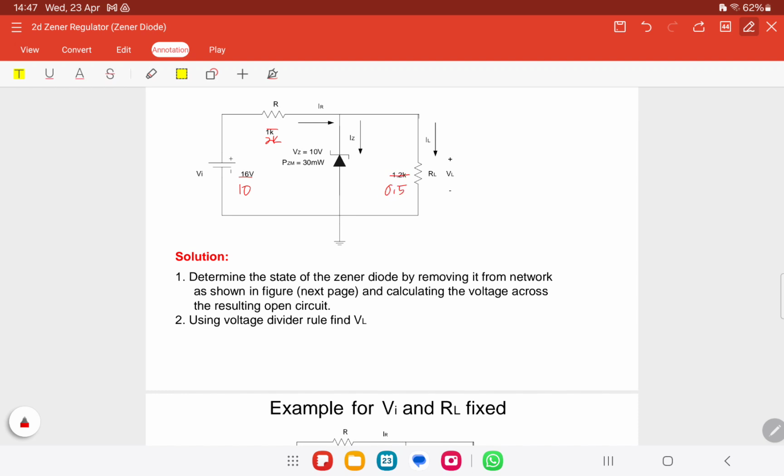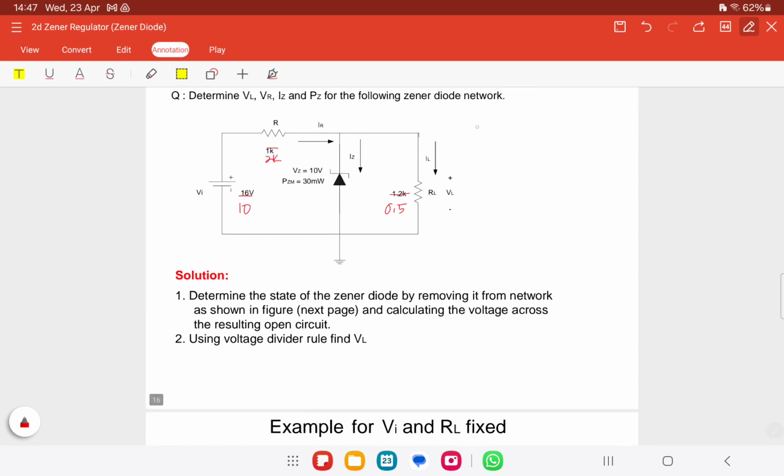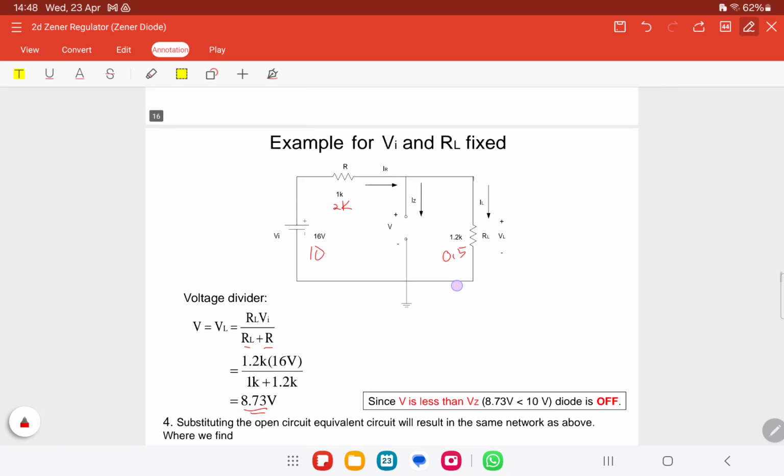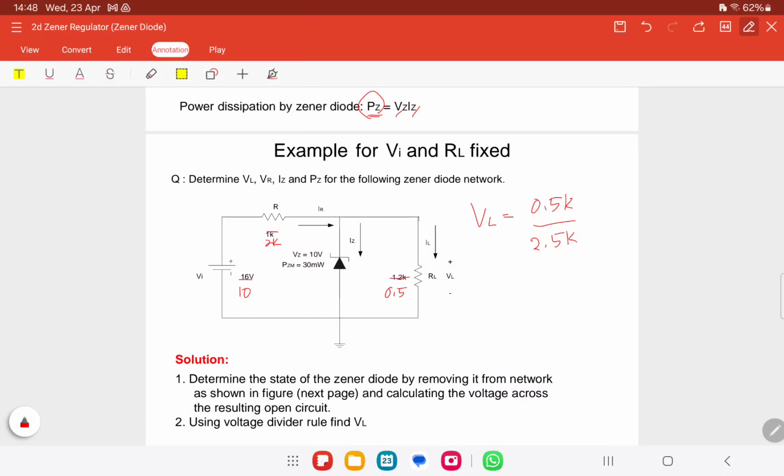So first we need to determine the Zener diode is on or off. So we need to get the VL equals to RL 0.5K over 2.5K, RL plus R, R total. The formula dia sebenarnya RL over R total multiply with the voltage supply, multiply with the 10.